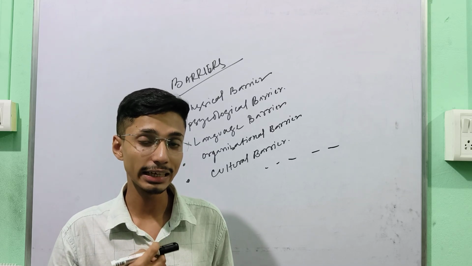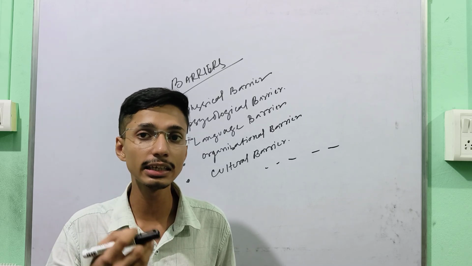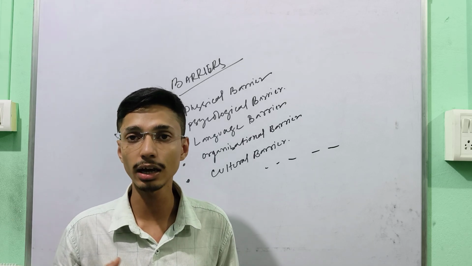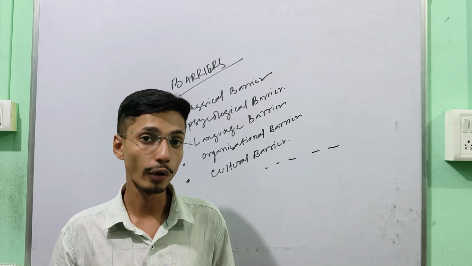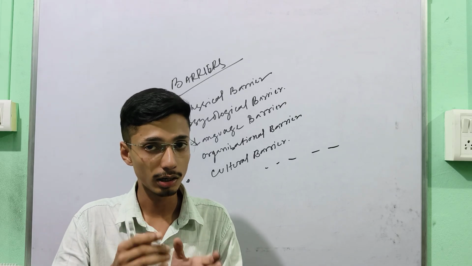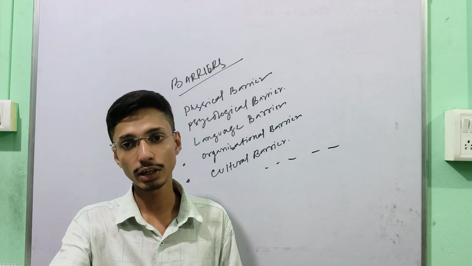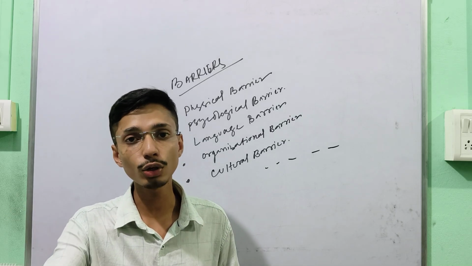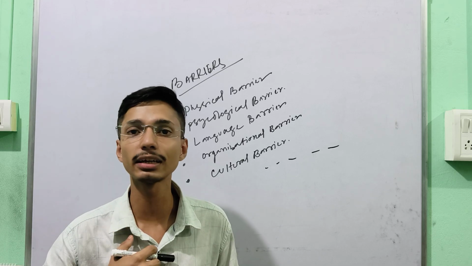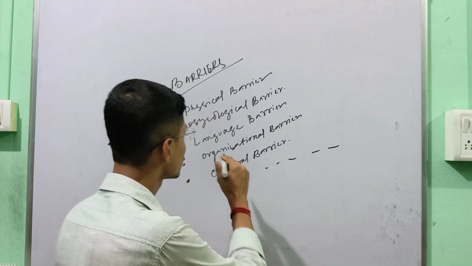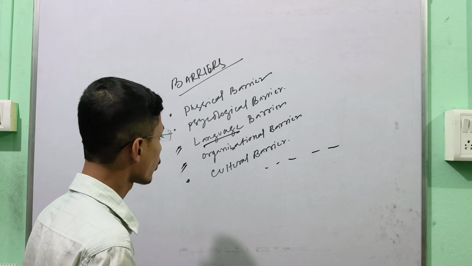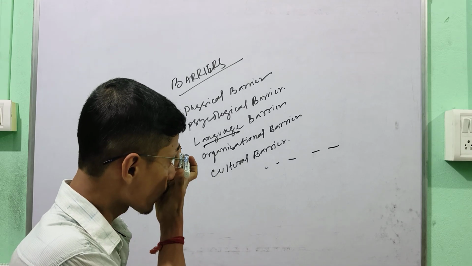If, as a sender, I explain anything in Hindi, he or she can't capture it. For that reason, we have to maintain a linguistic medium so that we can easily express our thoughts, and vice versa. For example, if he or she explains anything in French, I can't understand it as an Indian. Okay, so this one is our linguistic barrier, and then the fourth barrier is the organizational barrier.